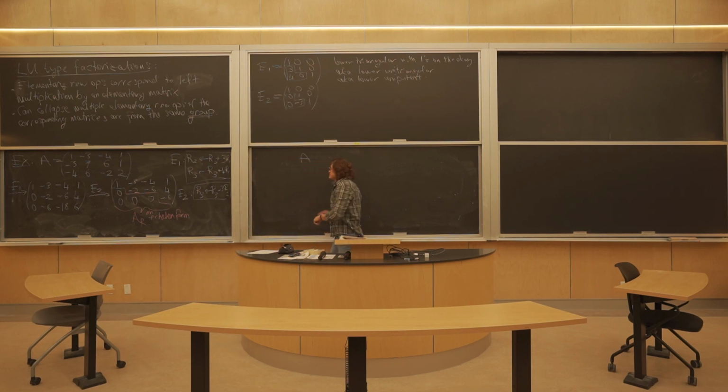Left multiplication, which means that first I'm multiplying by E1 and then by E2, and then I get A sub R at the end.